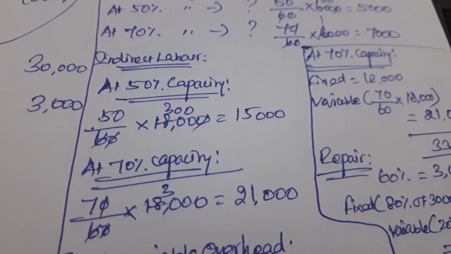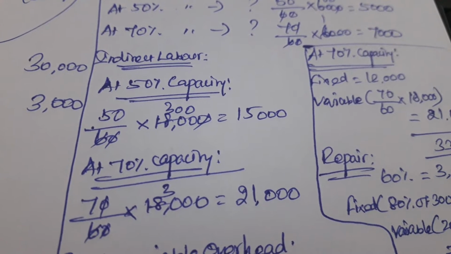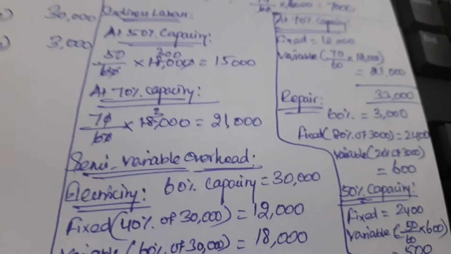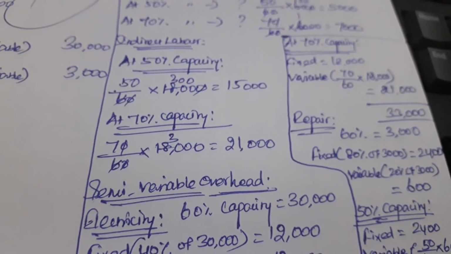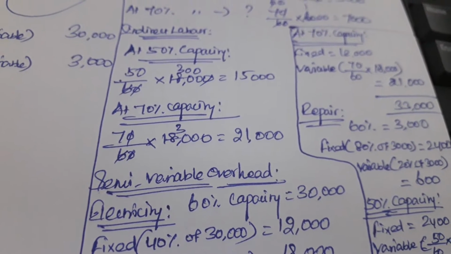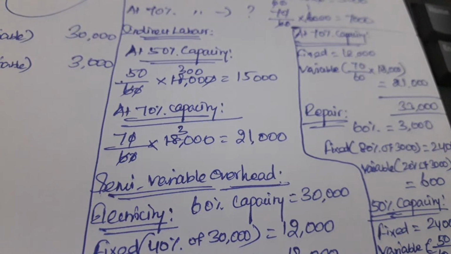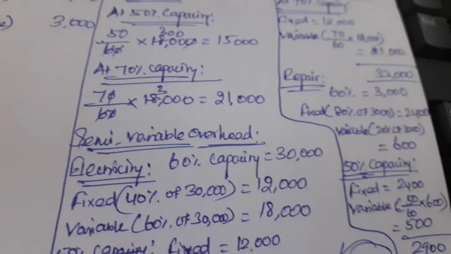For 50% we divide 50 by 60 and multiply with 18,000 and we get 15,000. The same way we calculate for the 70% capacity as 21,000. The 15,000 and 21,000 go to the column.